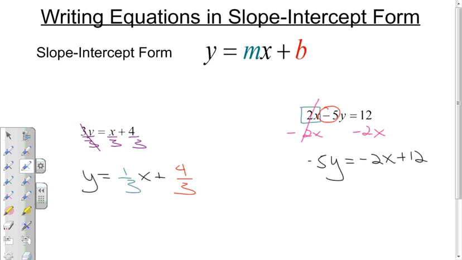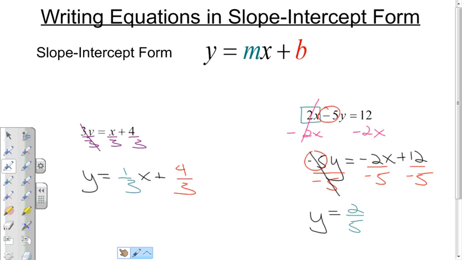So now I still need to get rid of this -5, and since it's multiplying the y, I'll undo it with division. And again, you see that I'm dividing every term on both sides by -5. And then writing from left to right, -5 over -5 cancels. y equals 2/5 times x minus 12 over 5, because it's a negative number.